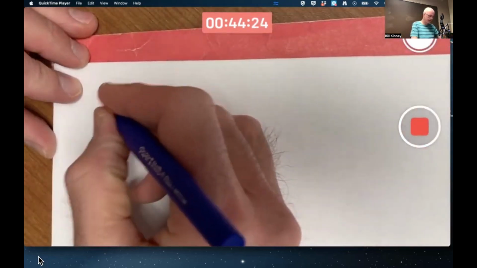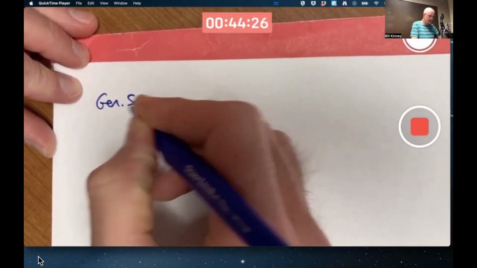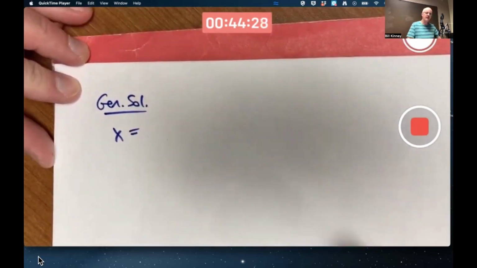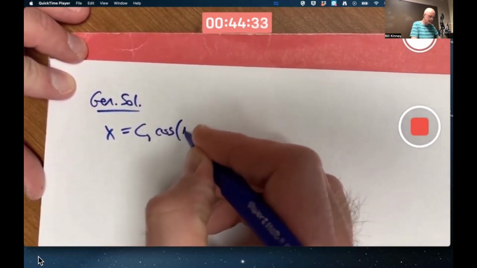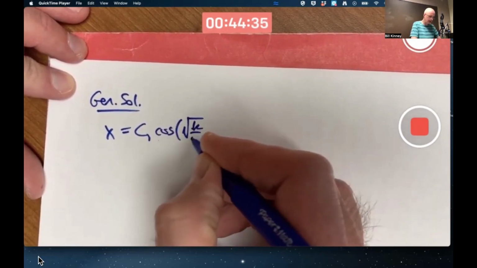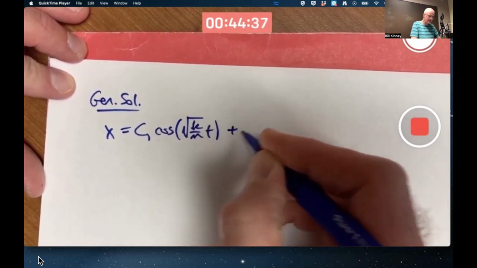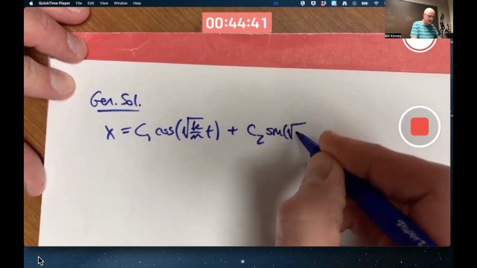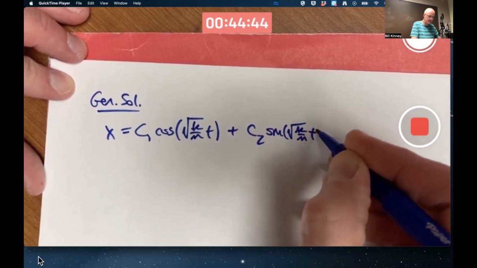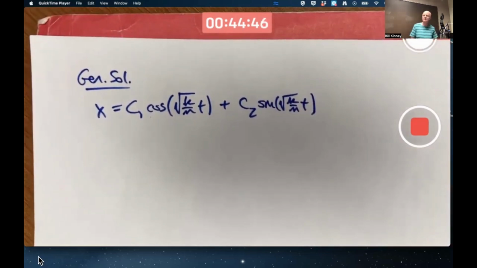So a general solution turns out to be an arbitrary constant, call it C1, times the cosine solution, cosine of square root of k over m times t, plus another arbitrary constant, C2, times sine of square root of k over m times t. That's a general solution of the differential equation, the second order differential equation involving a second derivative of an unknown function.